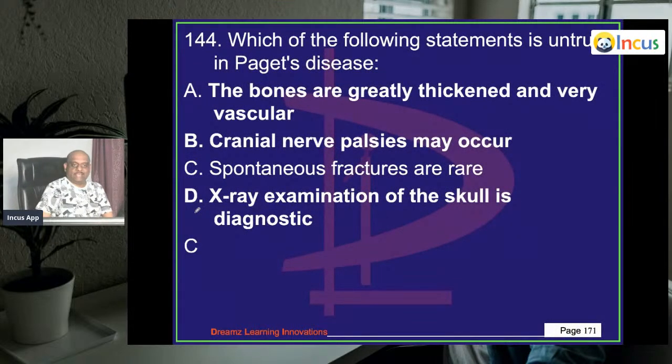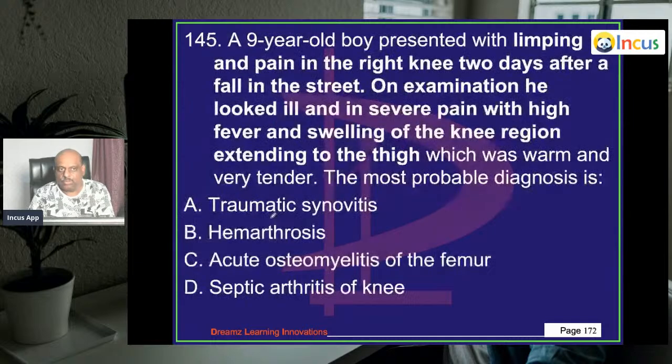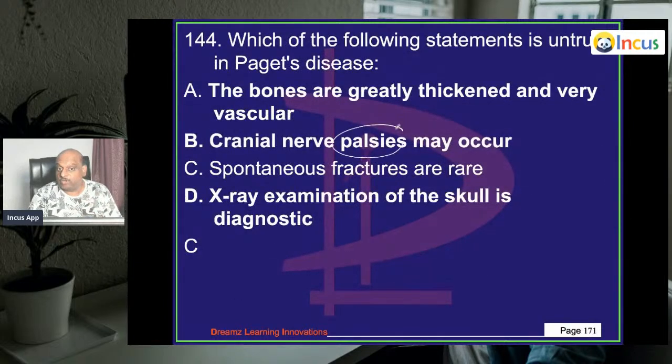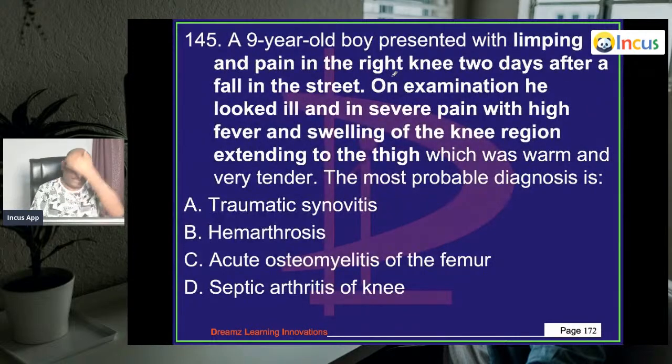In Paget's disease, if you look at the skull, you can see the thickening. Cranial paralysis can occur. Bones are greatly thickened and very vascular. A 9-year-old boy limping, pain in the right knee 2 days after a fall in the street. He was sick.